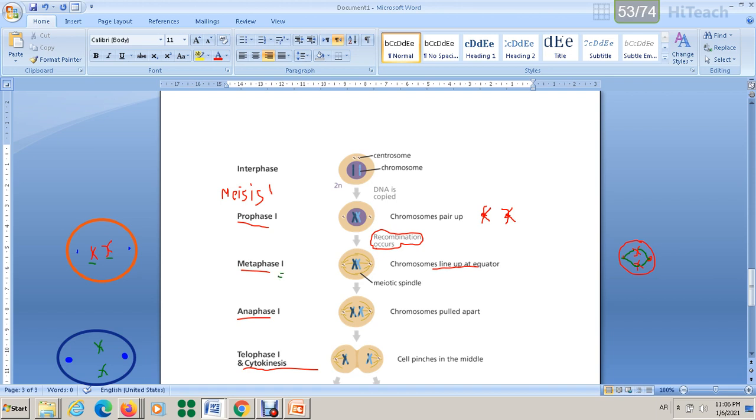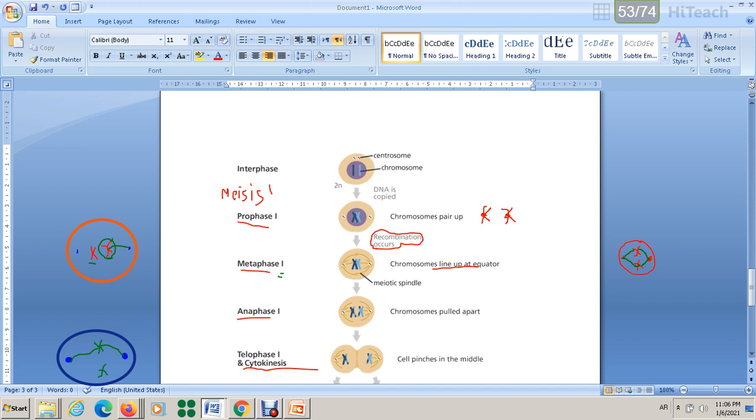As you see, the chromosomes line up in this way, and the mitotic spindle starts to connect with the whole chromosome. Look at the whole chromosome. But in metaphase of mitosis, it will be connected to the chromatid, and this one to the other chromatid.